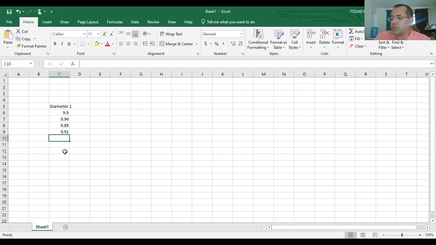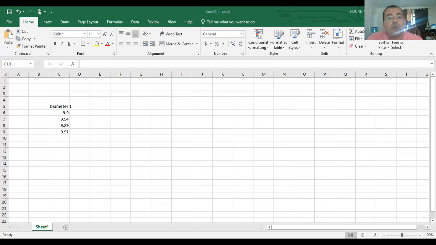This is my average. So my diameter for the first circle that I started with, the largest one, equals 9.91. This is my measured value, by the way.